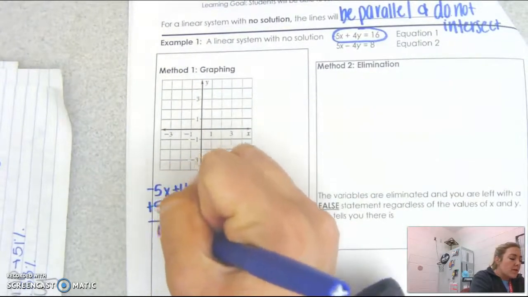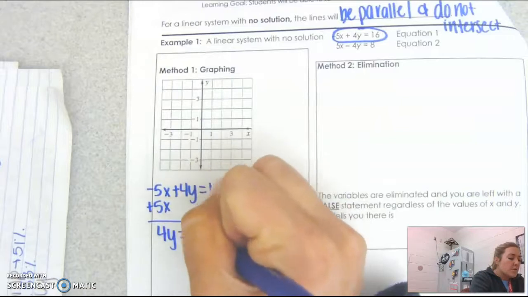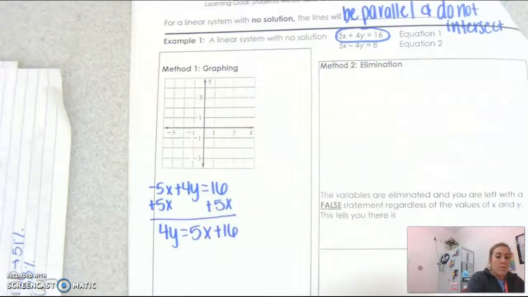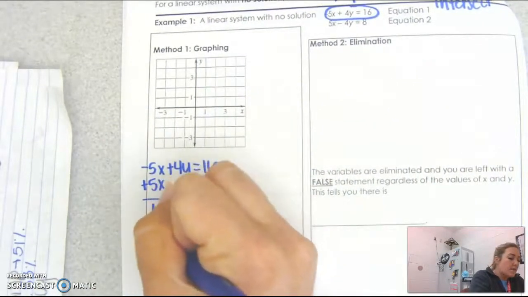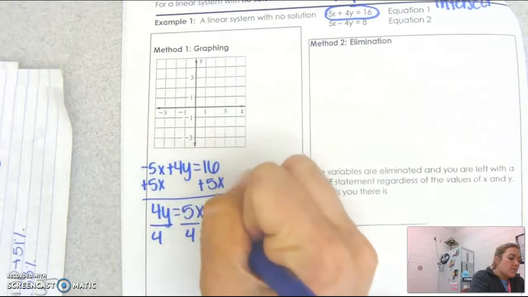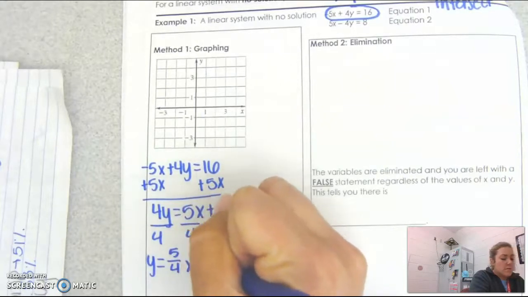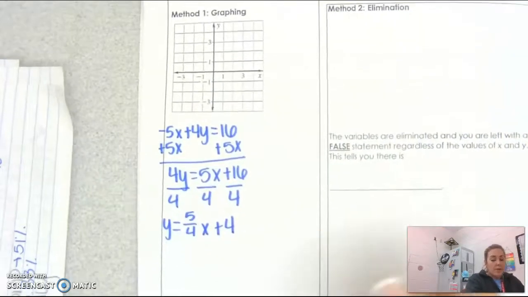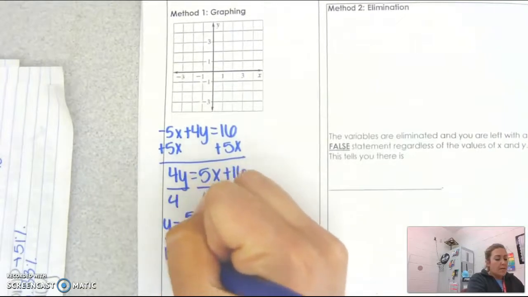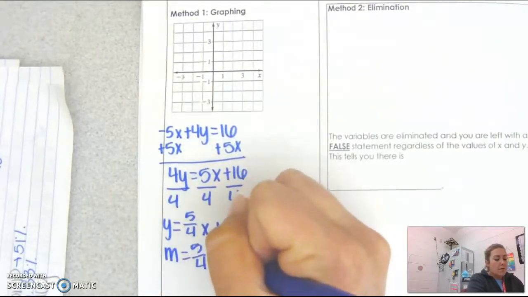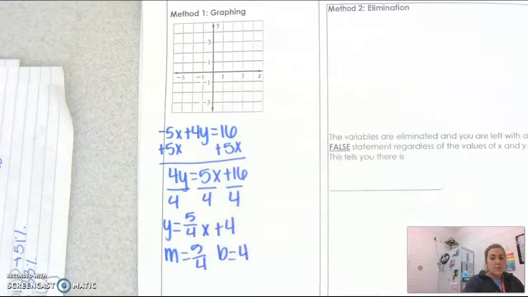So 4y equals 5x plus 16, and then to get y by itself, I divide. So I have y equals 5/4 x plus 4. Before I graph, I want to note that my m is 5/4 and my b is 4.